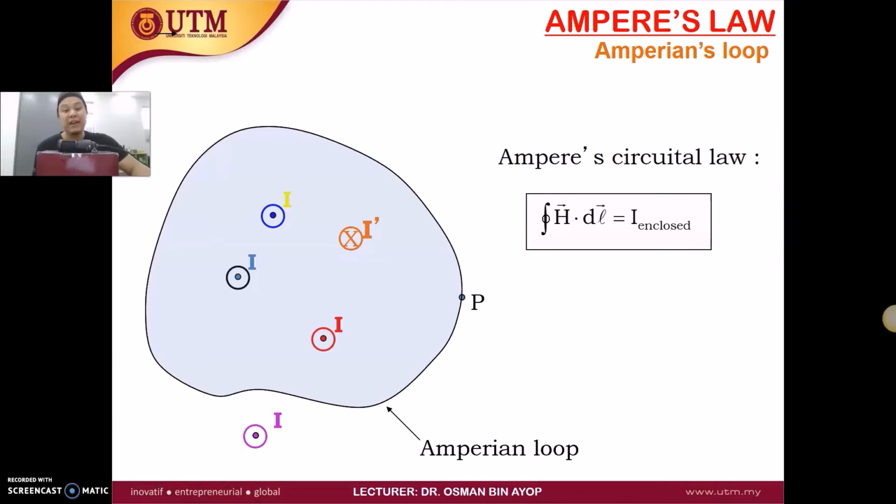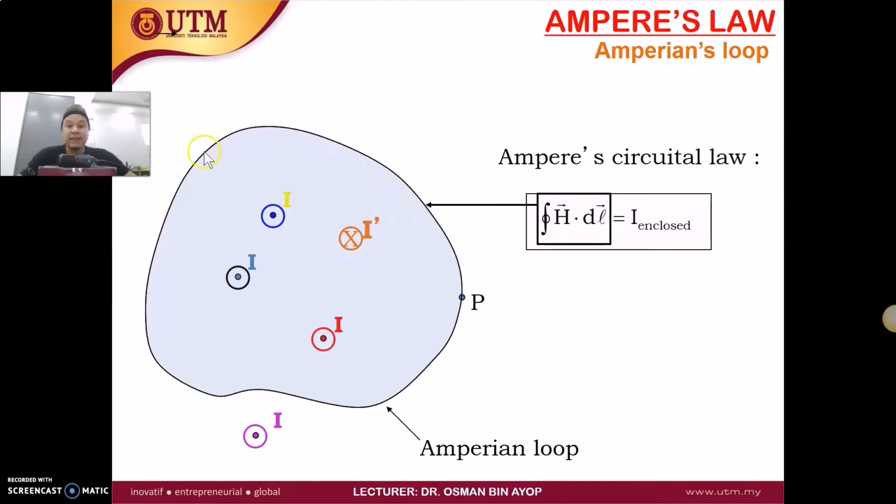So what does Ampere's circuit law state? Okay, this is the formula. The closed integration of H dot dl is equal to I enclosed. The H dot dl is basically the line integration of H along dl.